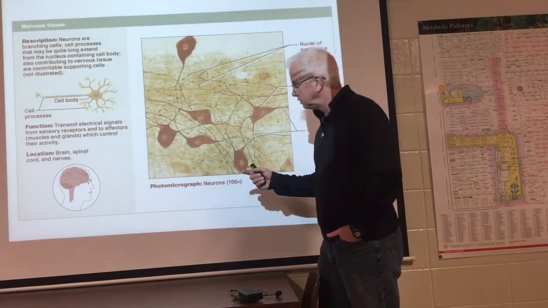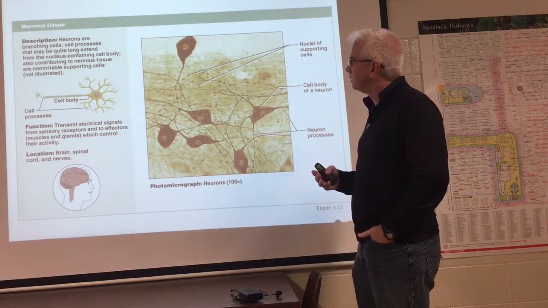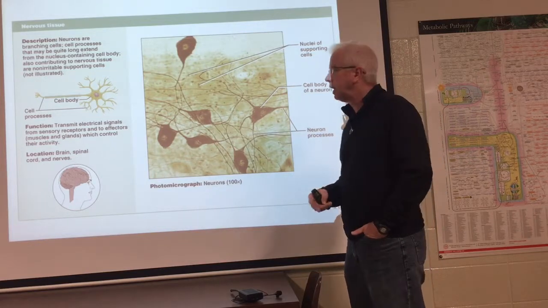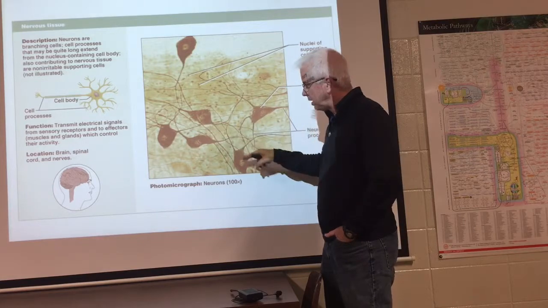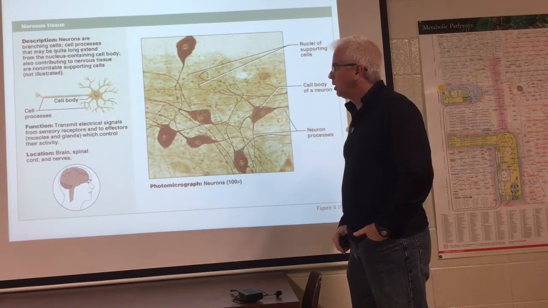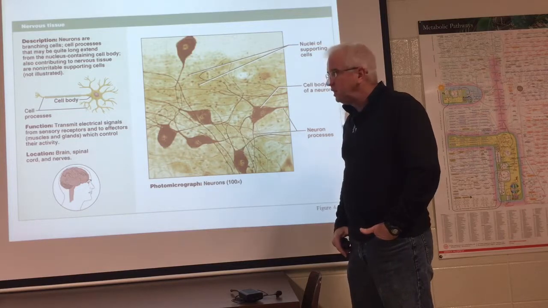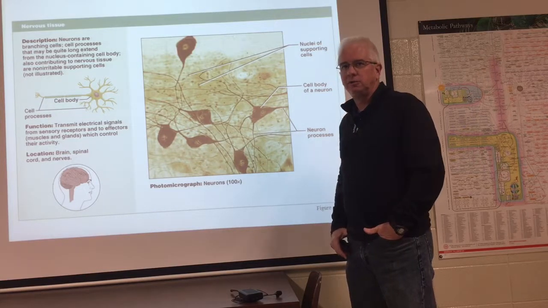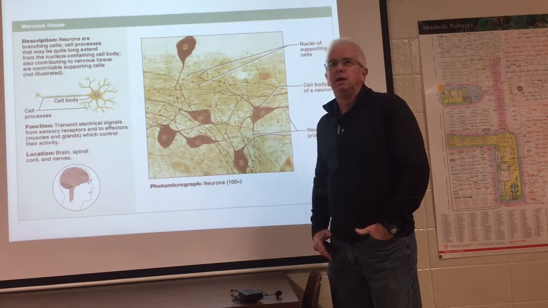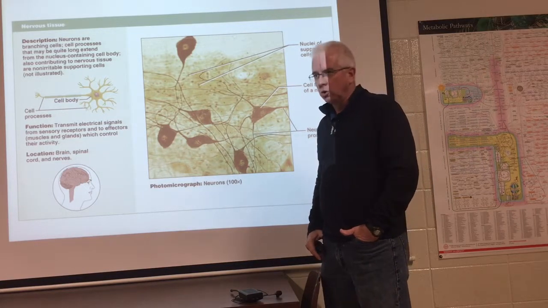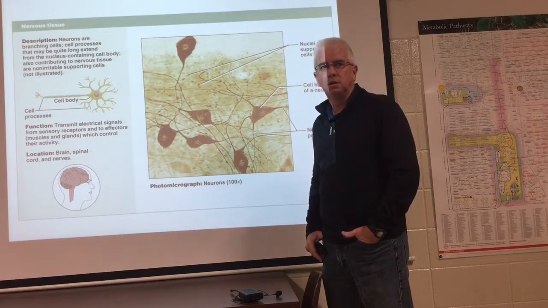All right, the last tissue is nervous tissue, and nervous tissue is made up principally of two general cell types, neurons and glial cells. The neurons of the nervous tissue are what we call the conducting cells. So whatever we say about the physiology of the nervous system in this class, you're going to have to learn the pathways to muscles.